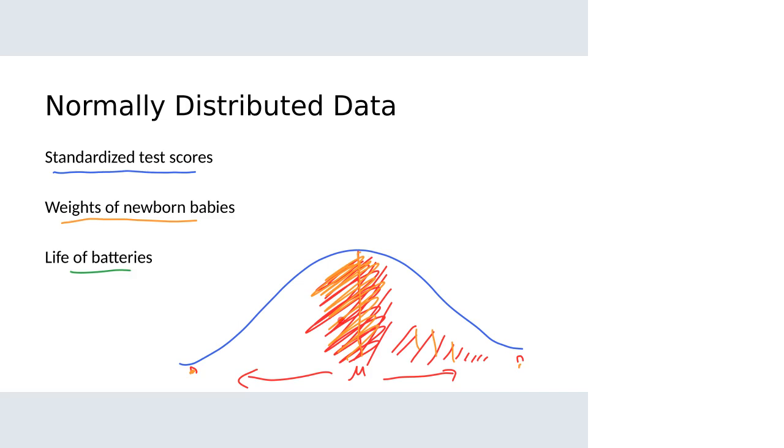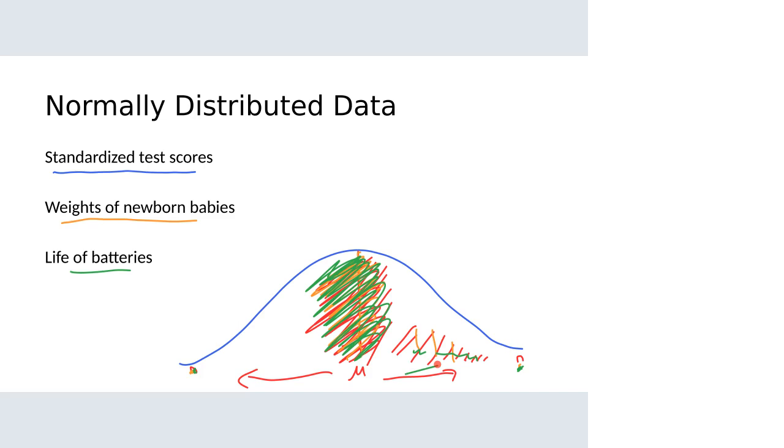Most of the batteries are going to be in here close to the mean. As we get further from the mean, there's going to be some batteries that lasted a really long time, and some that didn't last very long at all, but there shouldn't be very many of those. Most of the data points are close to the mean, and as you get further from the mean, they taper off. That's how normally distributed data works.